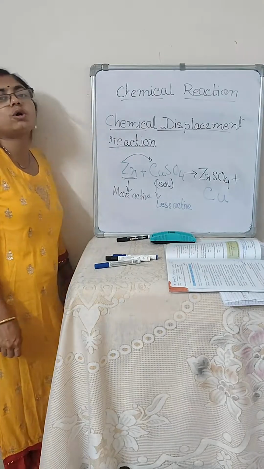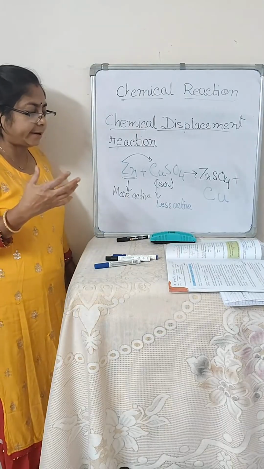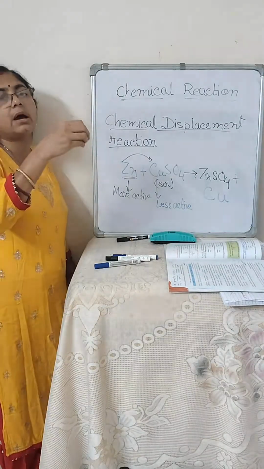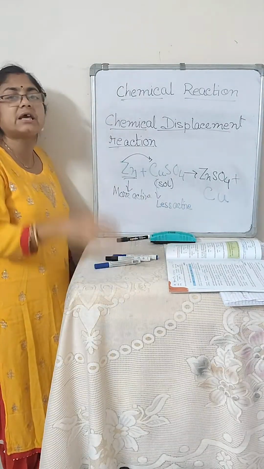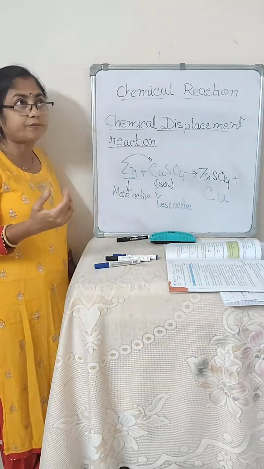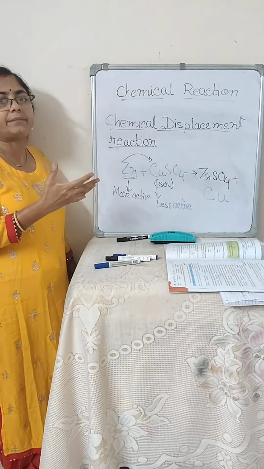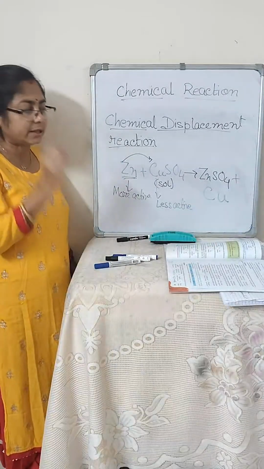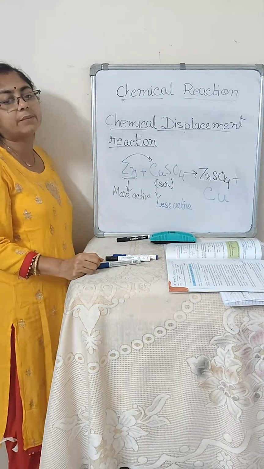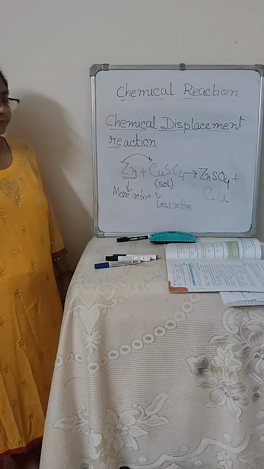Think a little and write, please write in the chat box. If you take an iron knife and put it in the copper solution, meaning CuSO4 solution, and dip it, after 5 minutes, what's happened? What changes happen in the blade, in the knife? Please write in the chat box. Anyone, please write in the chat box.